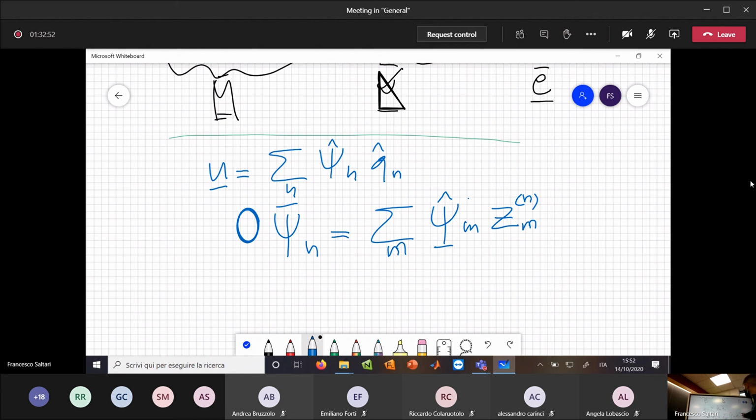Here n is the index that corresponds to the n-th mode shape.